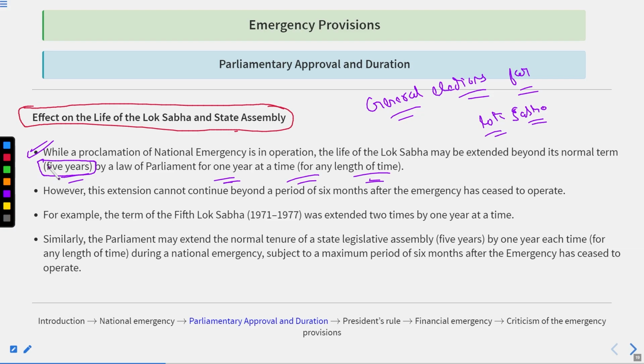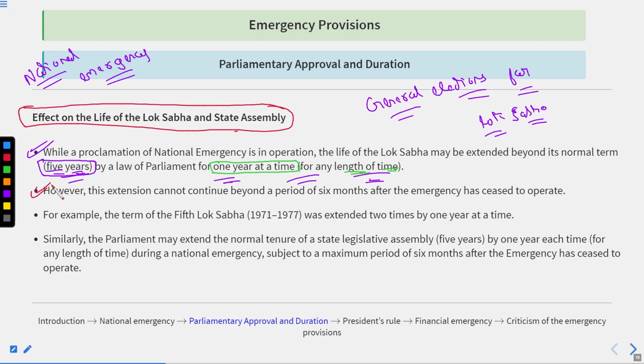So the normal time span of the Lok Sabha after getting elected is 5 years. But if the national emergency is in operation, the life of Lok Sabha may be extended beyond its normal term of 5 years by a law of parliament for 1 year at a time, and for any length of time. Got it? That's the thing.